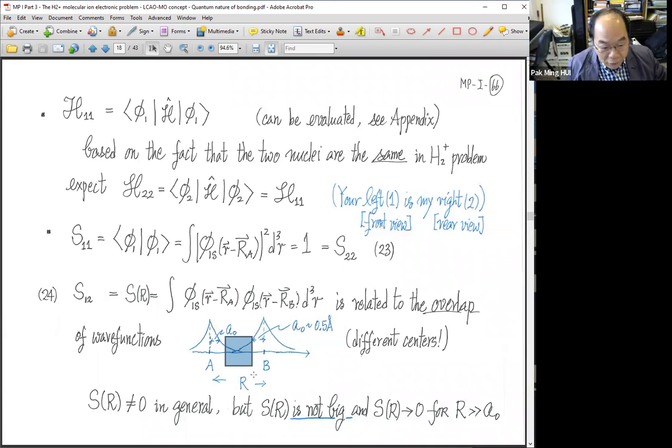That is to say, formally, this S12 as a function of R is not 0, although it's not going to be big, because there is only a region along the whole space where both functions are not 0, so that the product is not 0. Now, the key idea I would like to convey is the following.